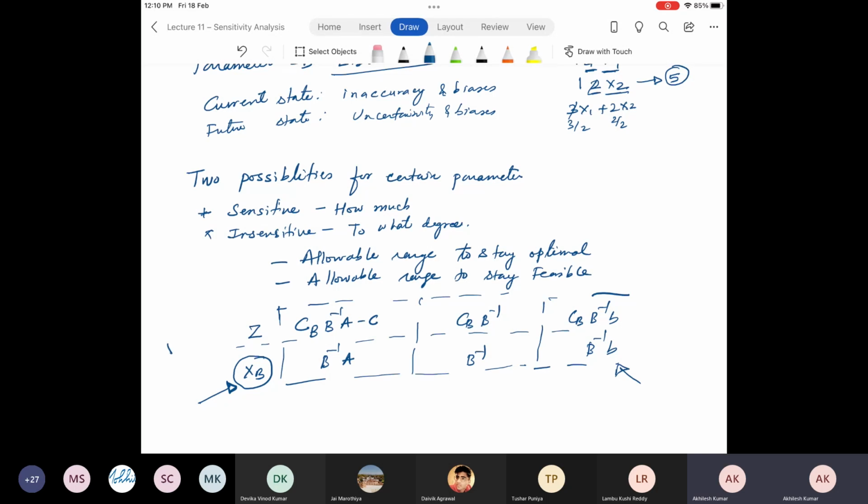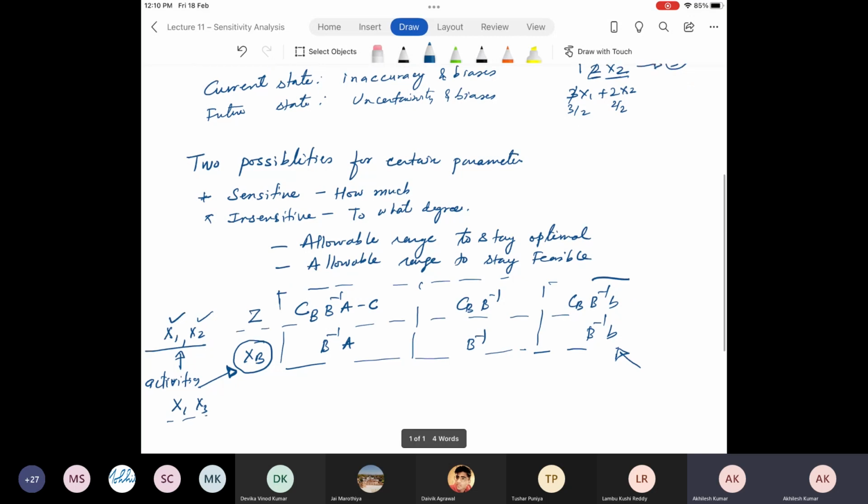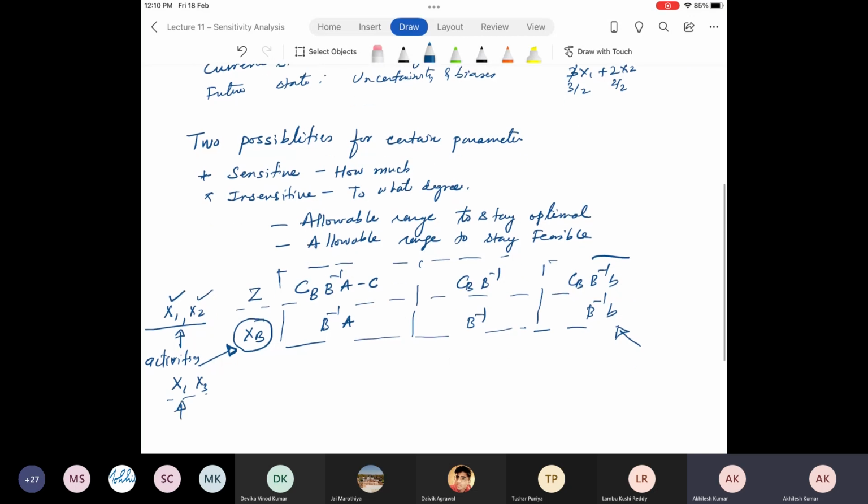Suppose right now my basic variables are x1 and x2, they are related to the activities which I do: produce product 1, produce product 2. But if my basic variables become x1 and x3, where x3 is a slack variable, there is only one activity that I need to do, which is produce product 1, no need to produce product 2. So what we want to know is whether my basis remains the same, keeping the solution optimal or feasible.